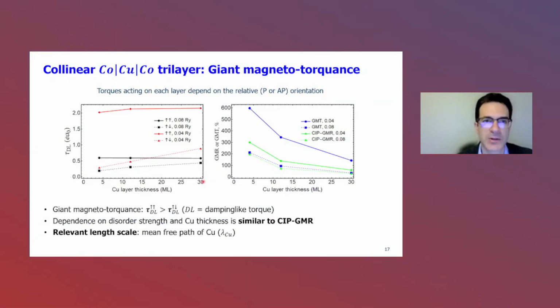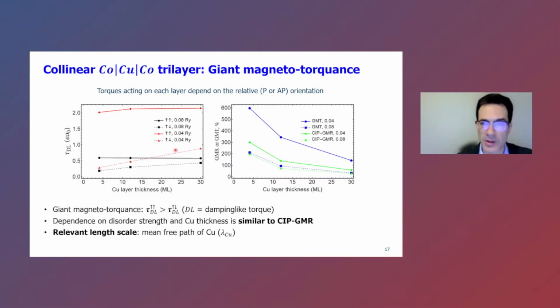First, let's look at the torques acting on each layer for parallel and anti-parallel orientations of the magnetizations. Similar to the case of CIP GMR, where the conductance depends on the relative orientation, we see here that the torque acting on each layer depends on the relative orientation of the two layers.